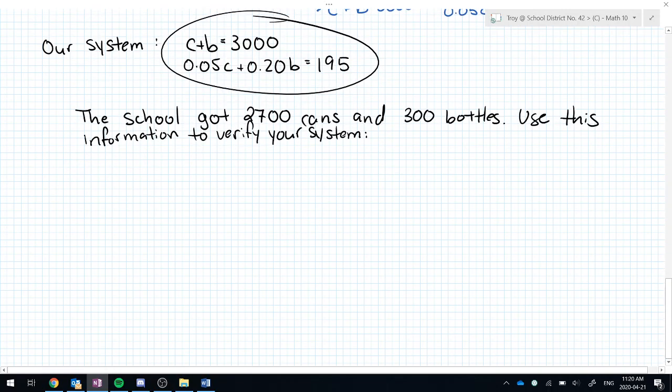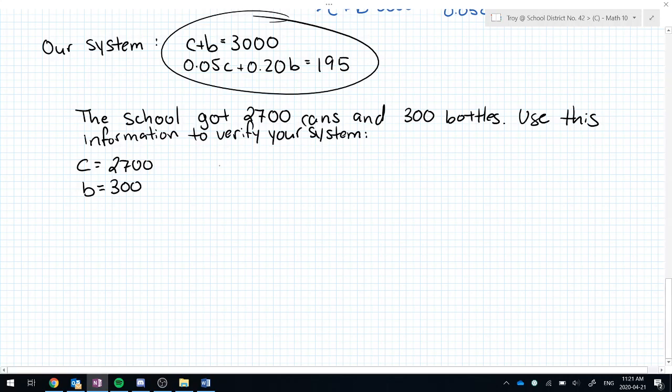What we're saying here is that our C value is 2,700 and our B value is 300. When we say to verify the system, we are looking to make sure that the left side equals the right side for both equations. For the system to be correct, all the equations in the system have to be satisfied.